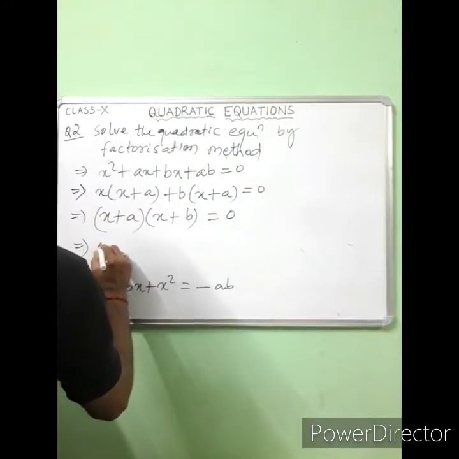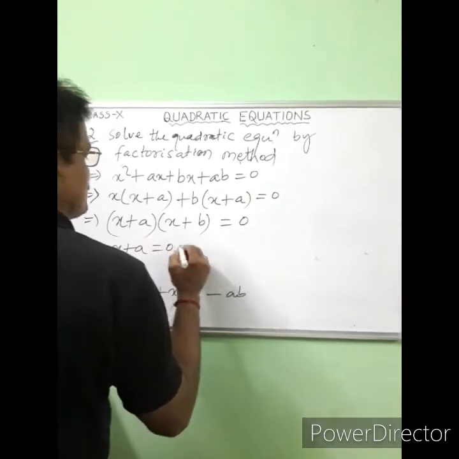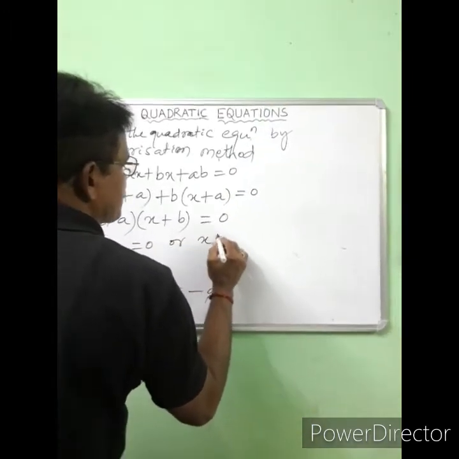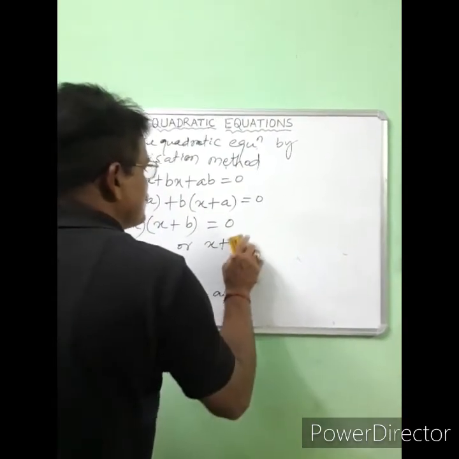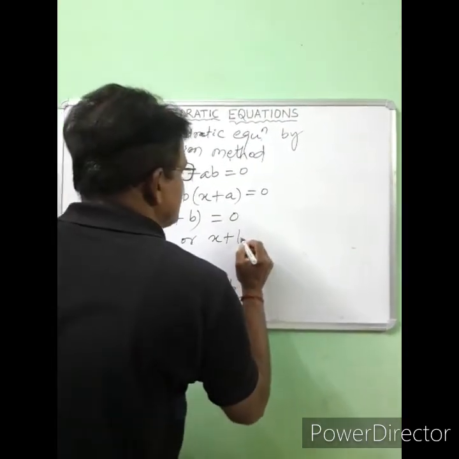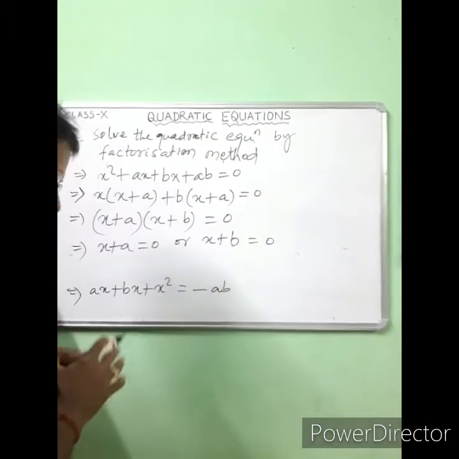So here x plus a is equal to 0, or x plus b is also equal to 0. Clear?